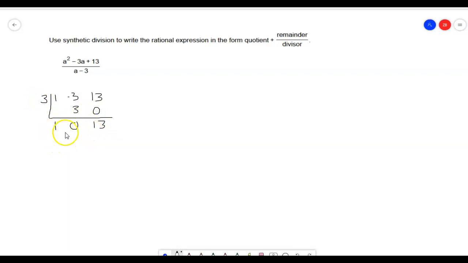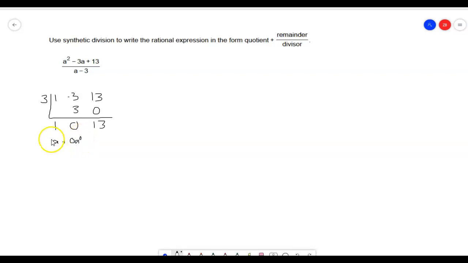This polynomial here is going to be one less exponent than my original one. So this one started with a squared term, so this will start with an a to the first term. So this one here is actually equivalent to 1a plus 0, kind of a to the 0, right?